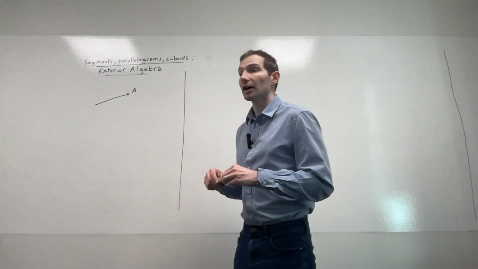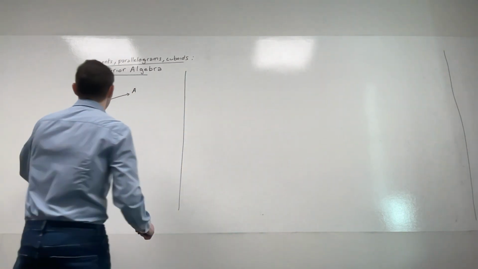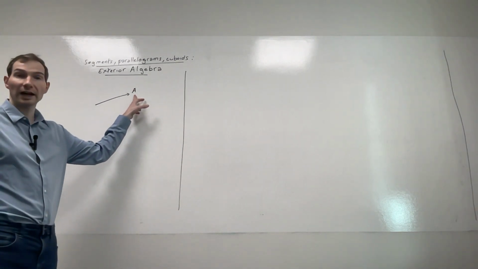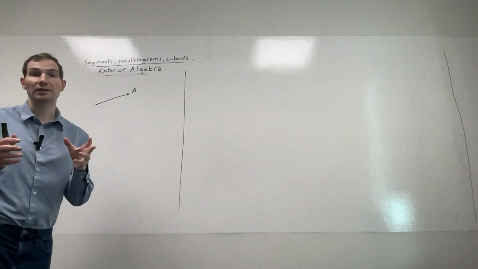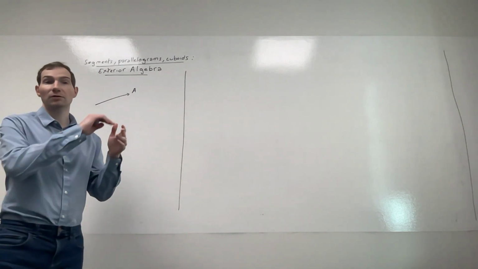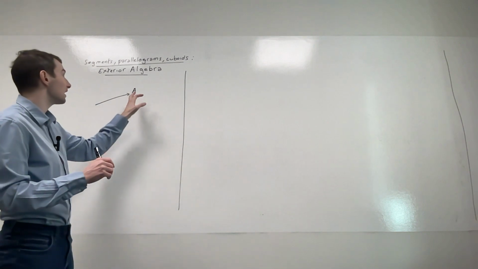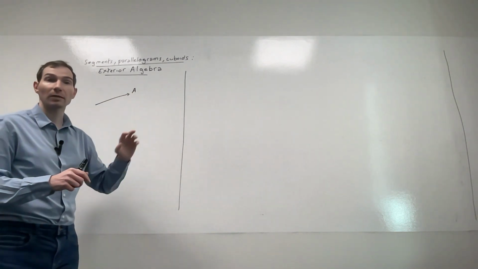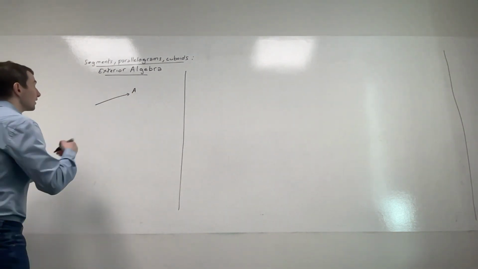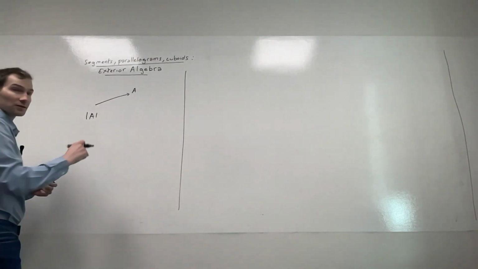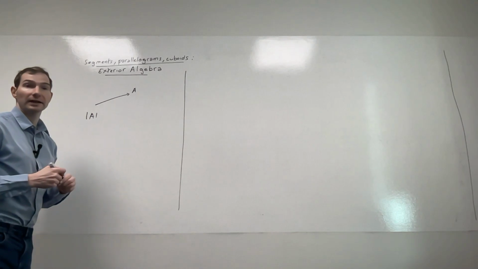But here, I want to focus first on looking at a vector that I'm simply going to denote A. I'm not going to put any specific arrow on top or bar under it. I'm just saying this is A, this is a vector. And then here I'm going to describe the magnitude of A with these two bars framing A.